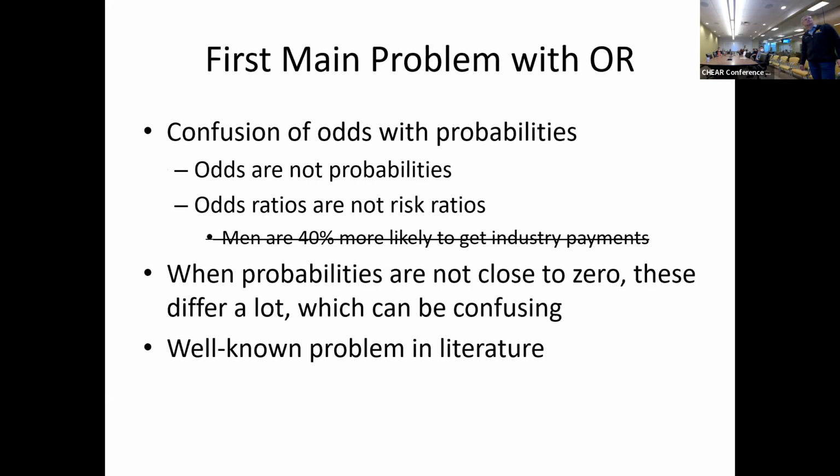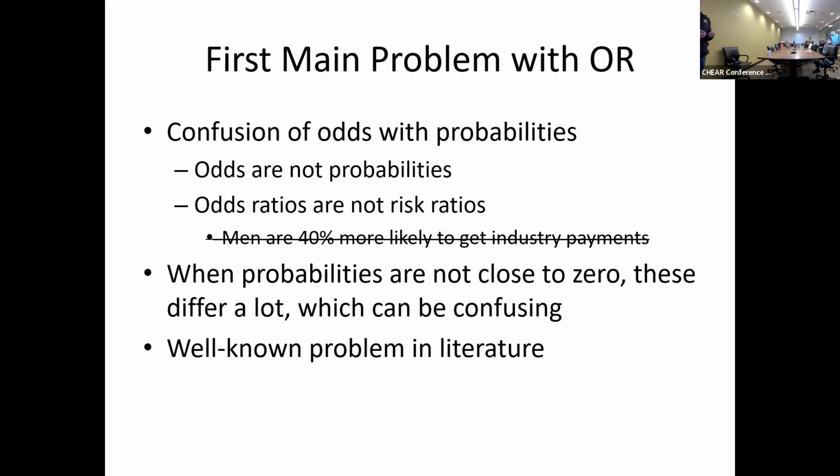All right, so now I'm going to talk about two problems with odds ratios. The first one is well known, and the second one is less well known and more interesting. But the first one is just that lay audiences tend to confuse odds with probabilities and tend to say one when they mean the other. We know they're not probabilities, but sometimes people confuse them.